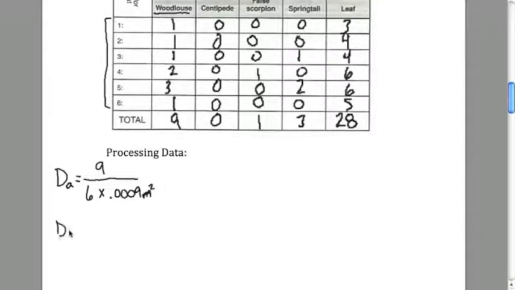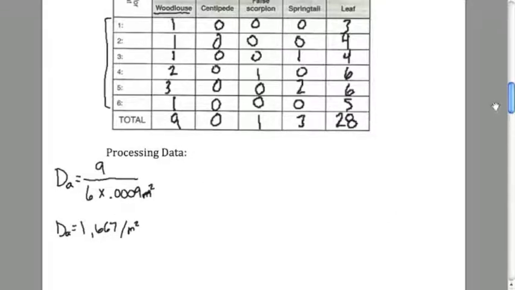And we can find out that the density of species A equals approximately 1,667 organisms per meter squared. So if we had a square meter, we would expect to find over 1,000 of those woodlouse in that area.